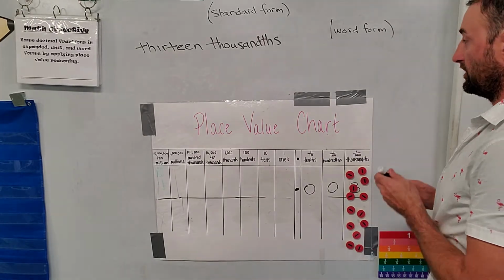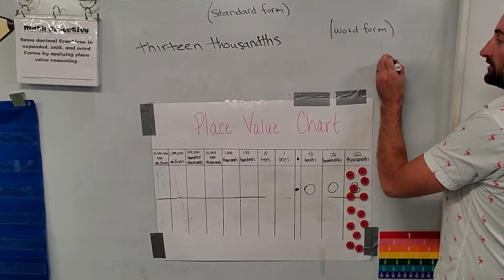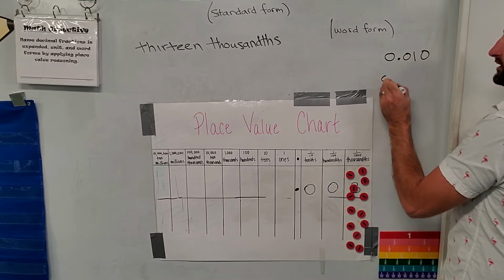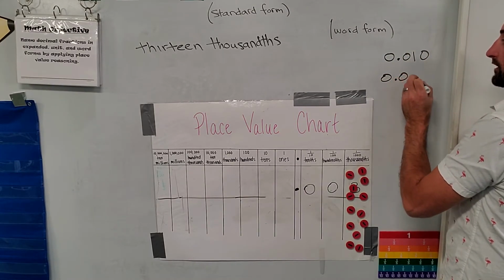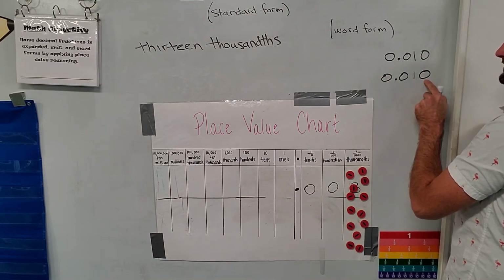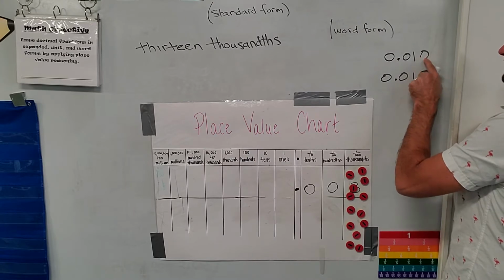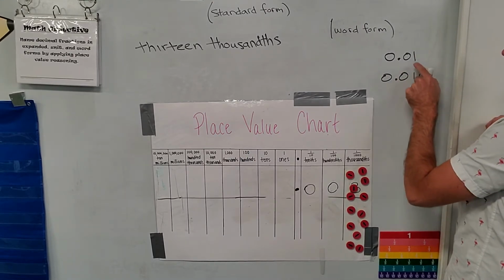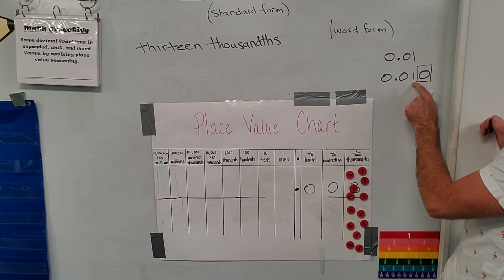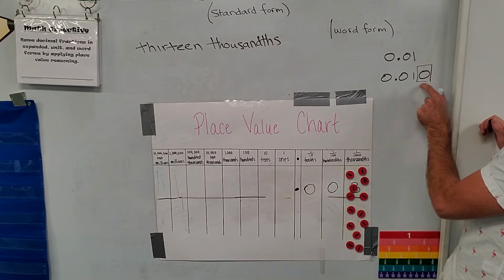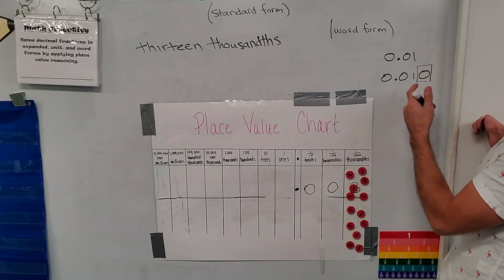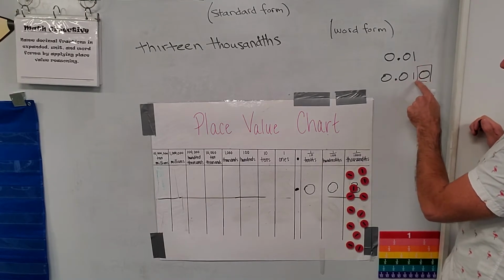I can show you that over here. 10 thousandths is equal to 1 hundredth. If you remember, any zeros at the end of a decimal, after the last non-zero number, don't change the value. So 1 hundredth is equal to 10 thousandths.